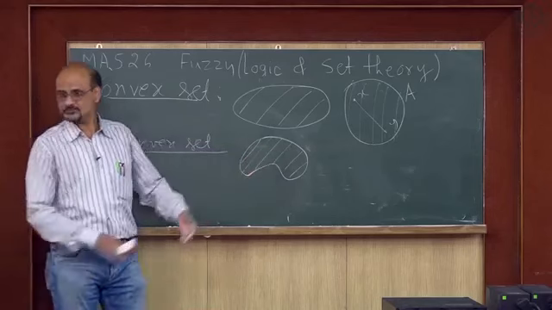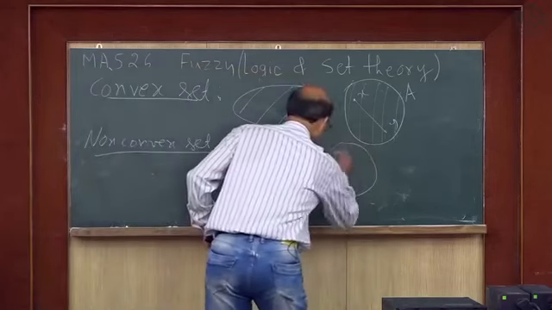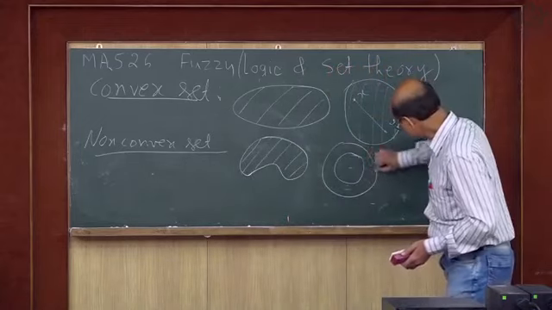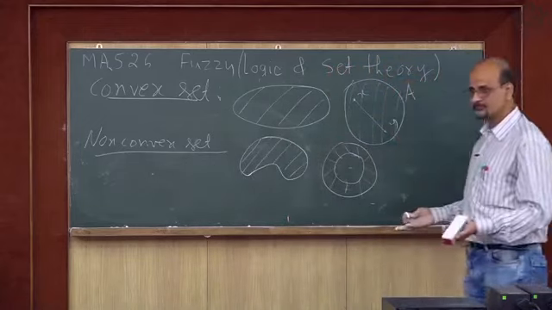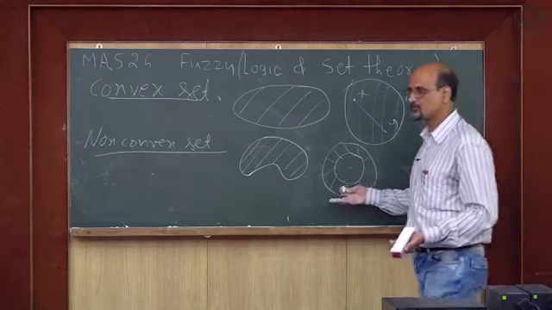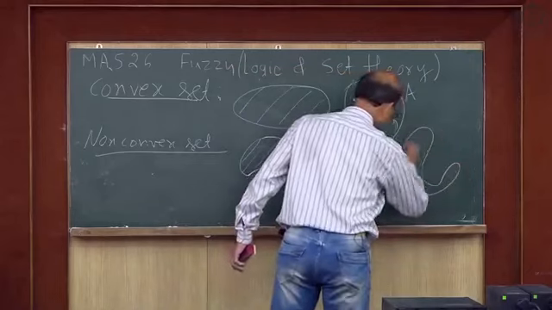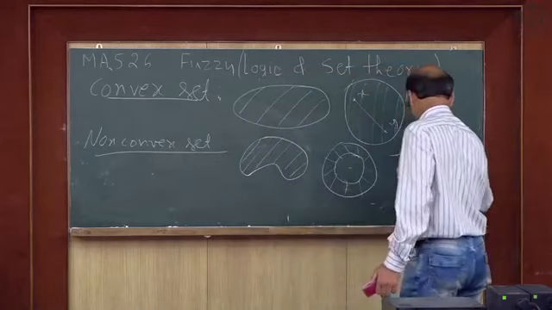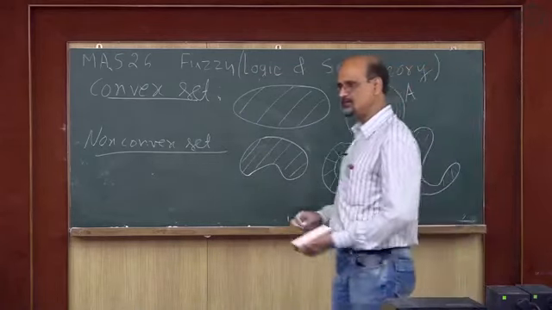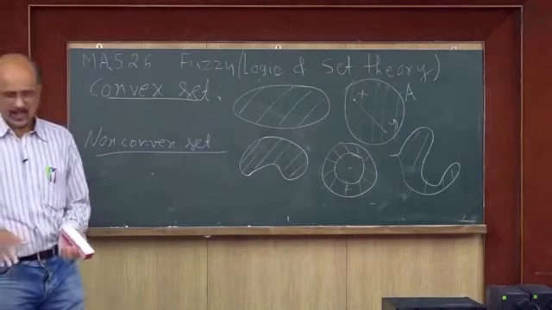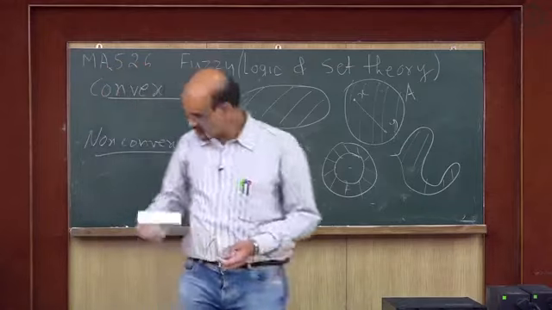It is non-convex. Okay. Similarly, this annular region is again non-convex. Okay. So, this is non-convex. Physically also you have understood what is convex and non-convex.